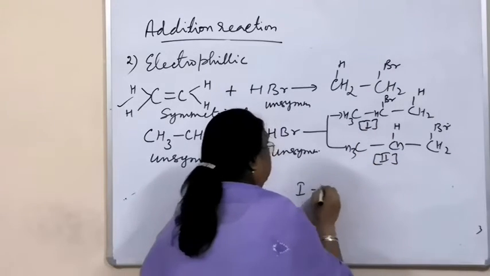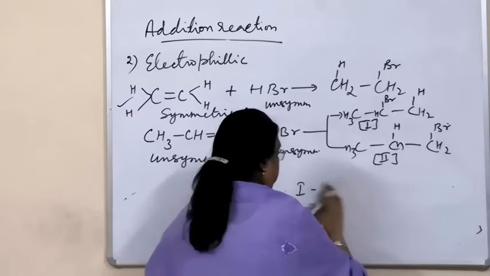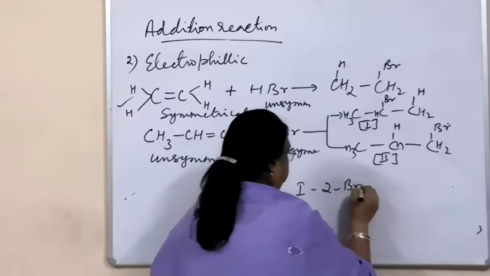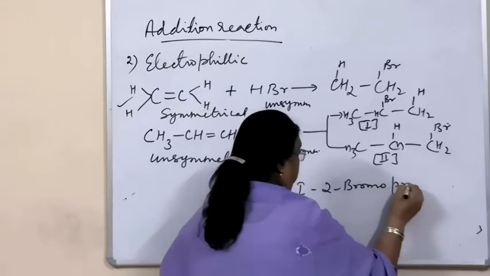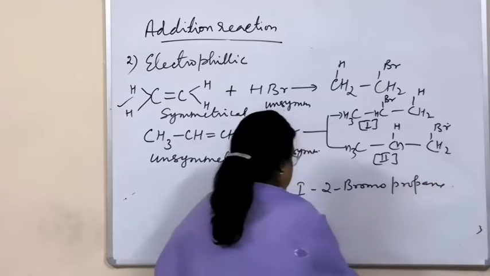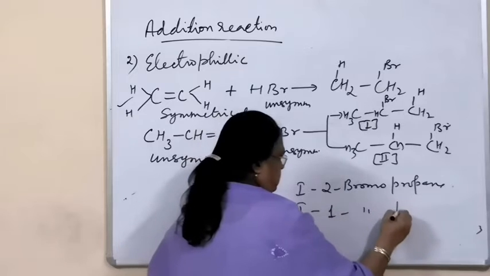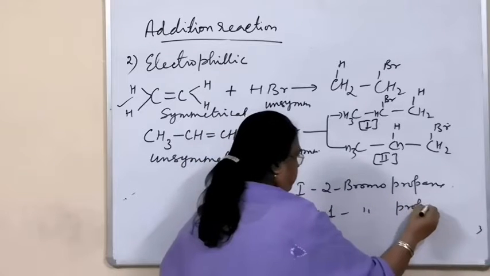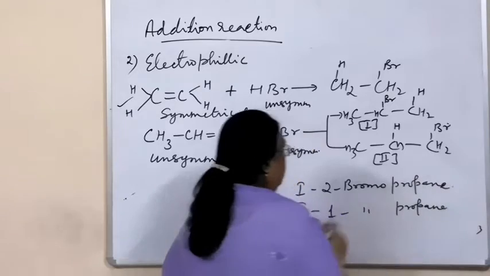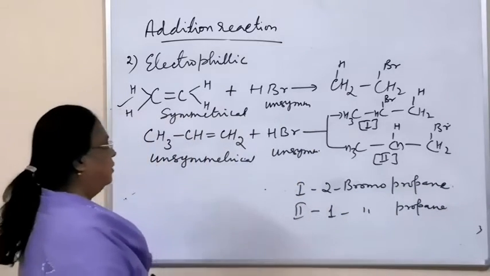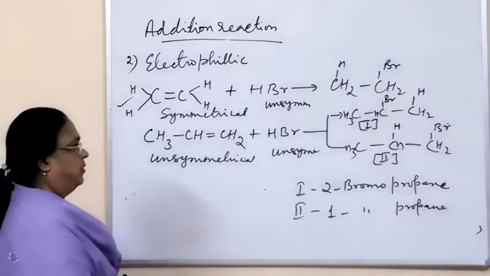So the first product is 2 bromo propane, and the second product is 1 bromo propane. Okay, so 1 and 2 bromo propane.